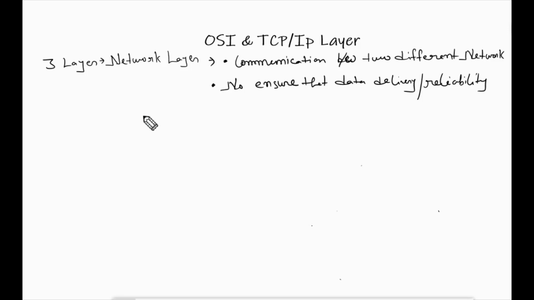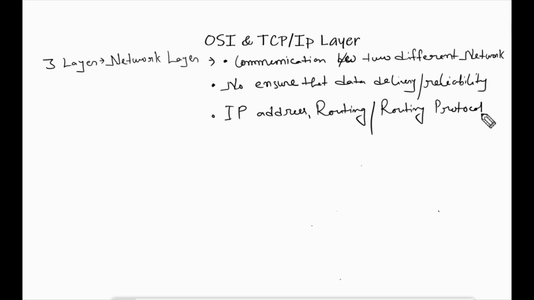So examples of the network layer: if someone asks what are the protocols or things that work on network layer, you can simply say that IP address works on network layer, routing protocol works on network layer.